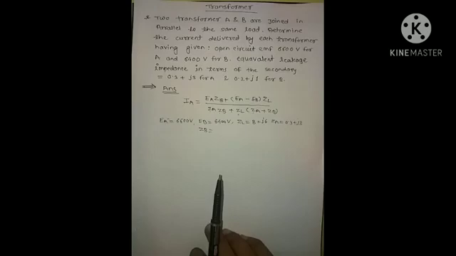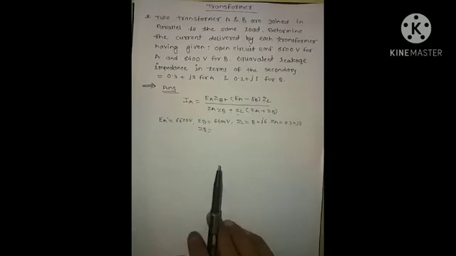Determine the current delivered by each transformer, given the open circuit EMF is 6600 volt for transformer A and 6400 volt for transformer B. The equivalent leakage impedance in terms of secondary is 0.3 plus j3 for A and 0.2 plus j1 for B. The load impedance is 8 plus j6.